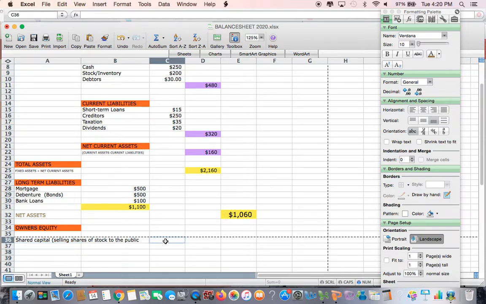So we're going to issue shares of stock. People have invested in us, and we'll say that that's $1,000 worth of shared stock or shared capital.